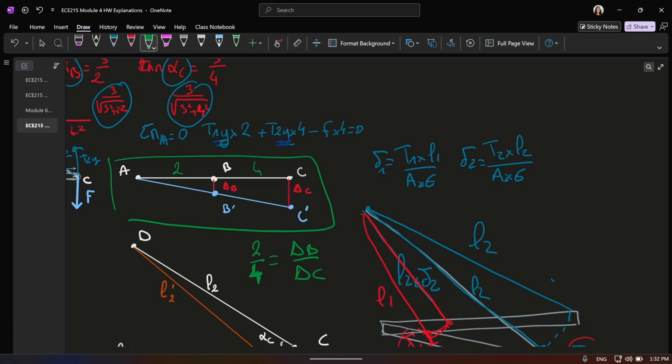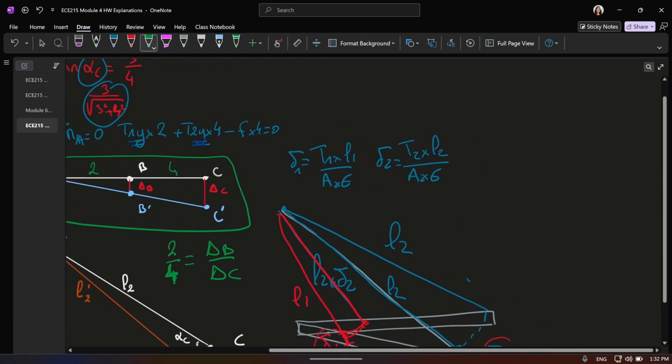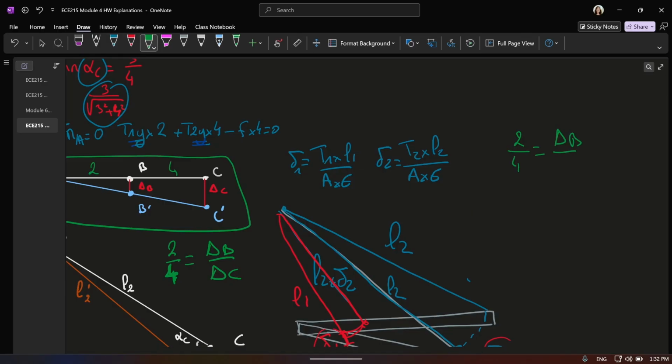So we have 2 divided by 4 equal to delta B divided by delta C. Delta B is the same thing as delta for cable 1, and delta C as delta for cable 2.